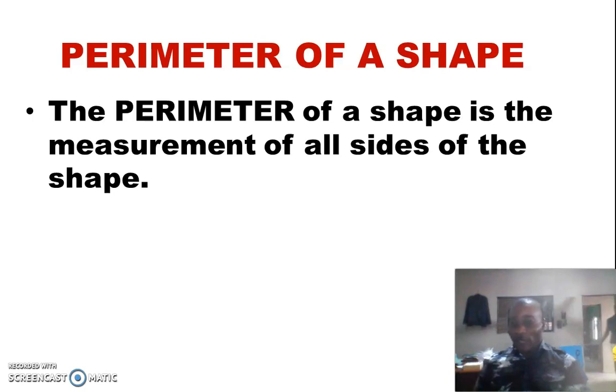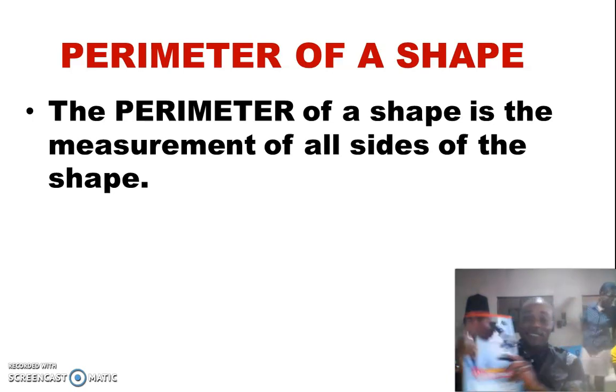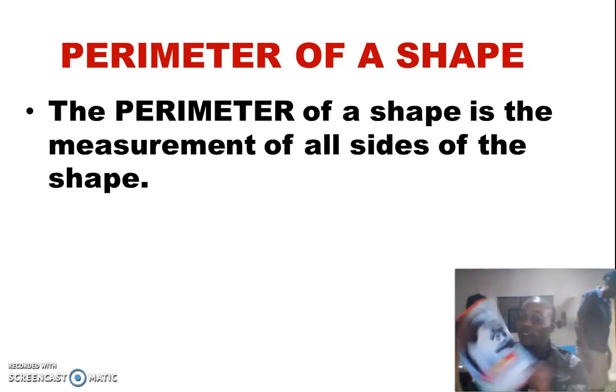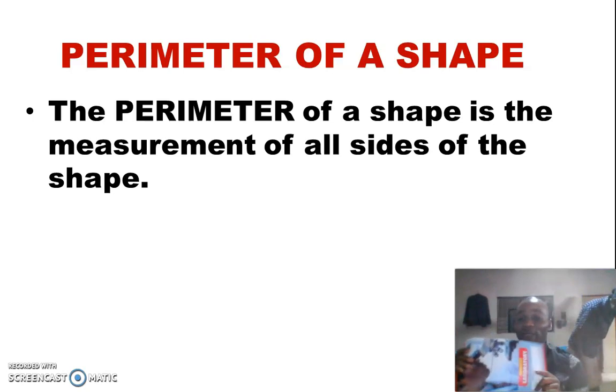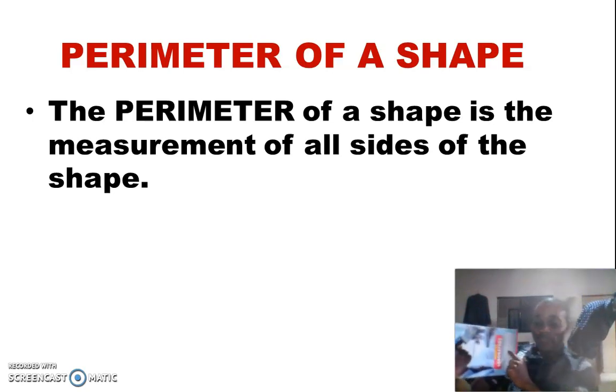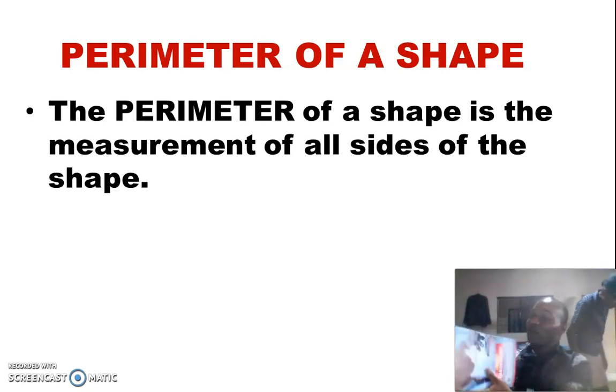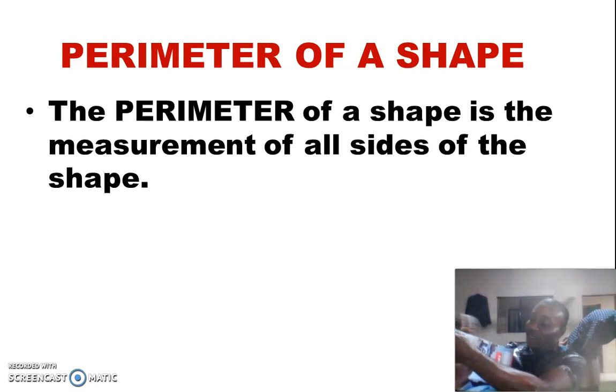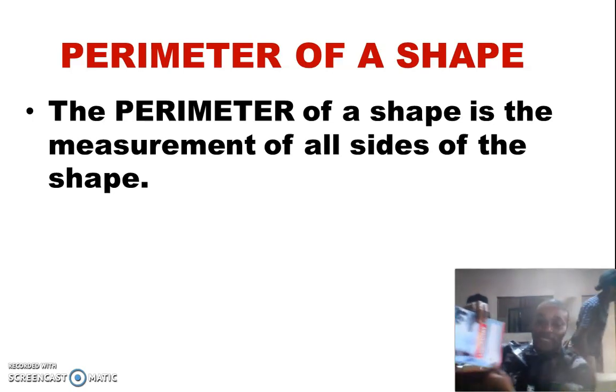For example, now look at this. This is a notebook. It's an example of a rectangle. If I want to determine the perimeter of this notebook, I will need to measure from here to this place. That is the length. You discover that this length here is also the same as the length here.